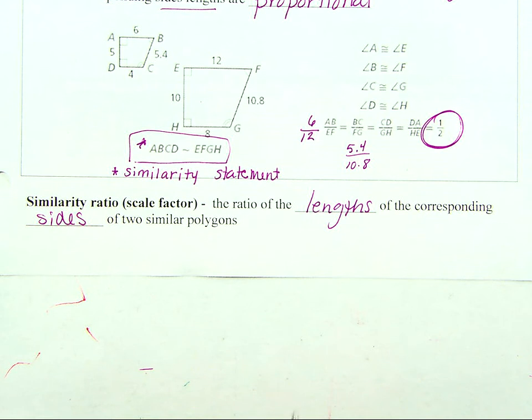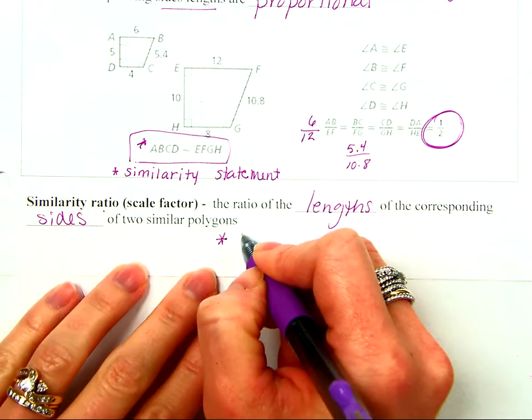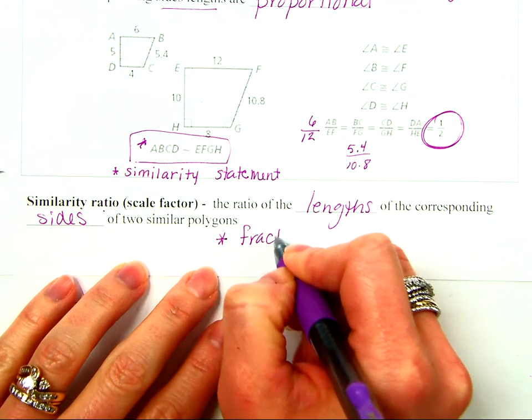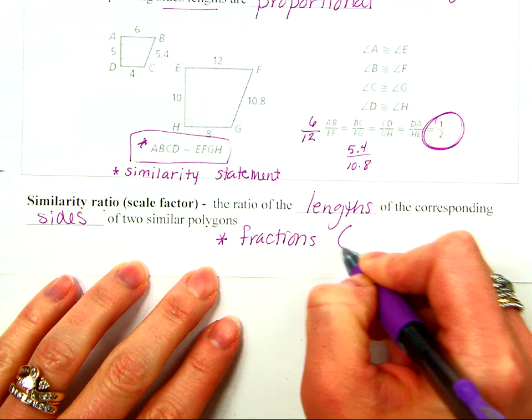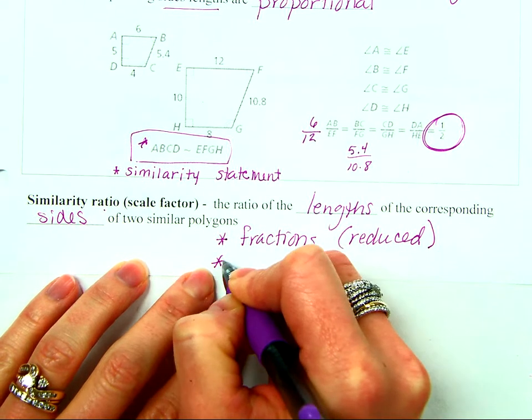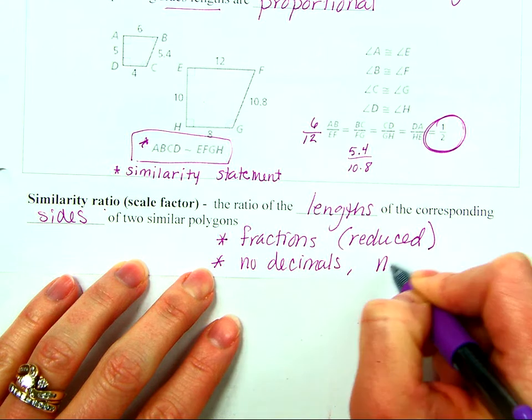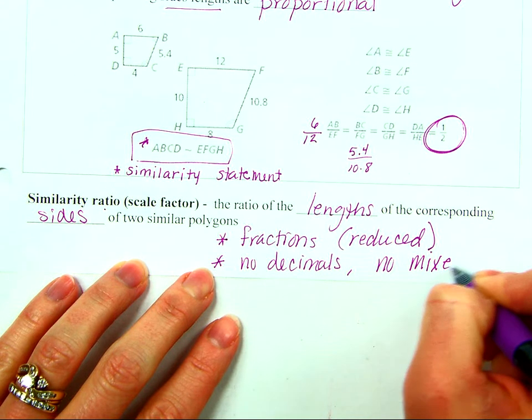The only difference would be that sometimes your scale factor, if my ratio was 2 to 1, we may just refer to that scale factor as 2, so it may not be written as a fraction. Now my similarity ratio, when we write these, we want them as fractions, but we want them reduced. We want no decimals and no mixed numbers.